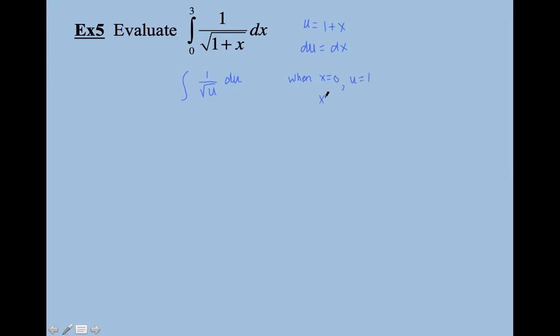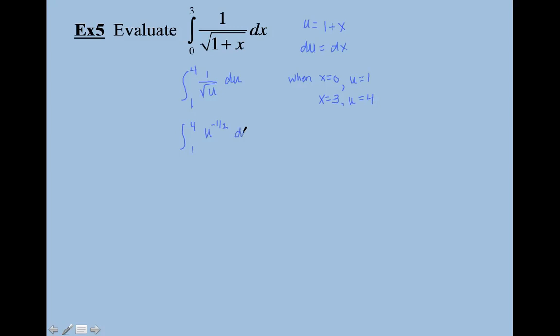When x is equal to 3, that's our upper limit, our u is equal to 1 plus 3, which is 4. So this integral turns into the integral from 1 to 4, new limits of integration, of 1 over the square root of u du. I'm going to write that as the integral from 1 to 4 of u to the negative 1/2.